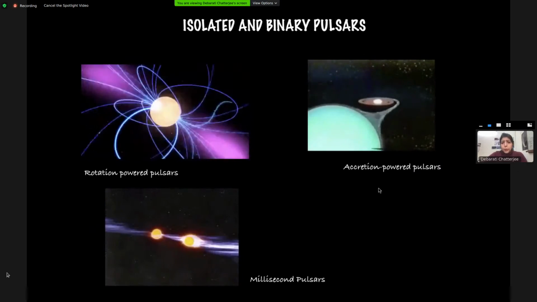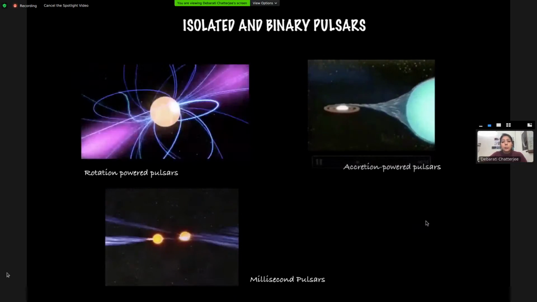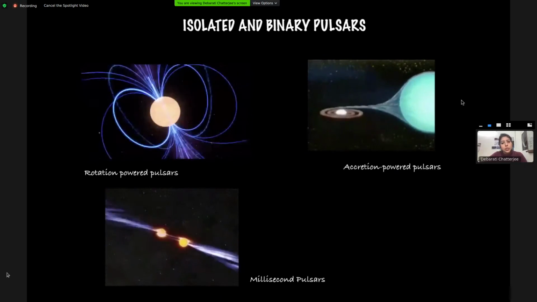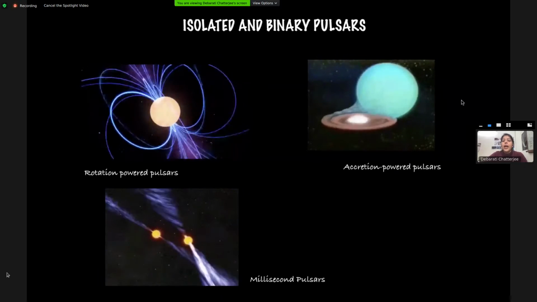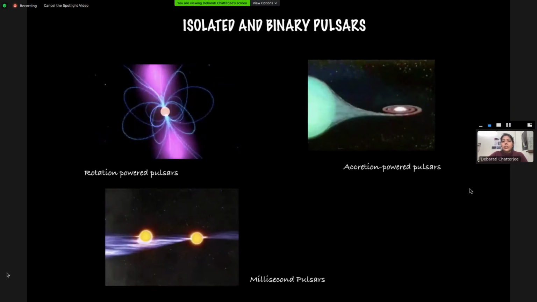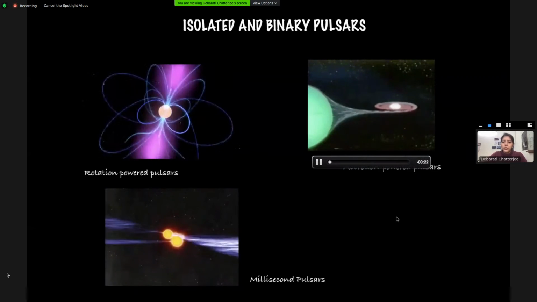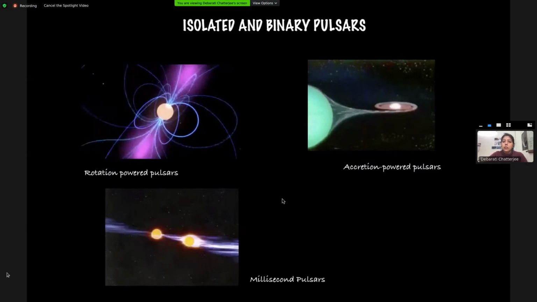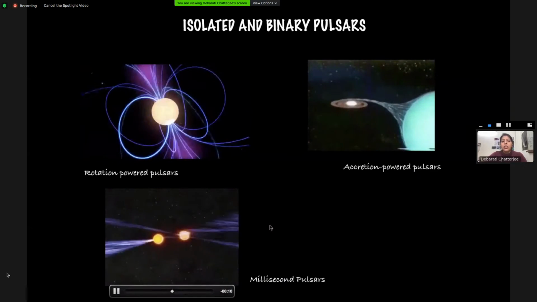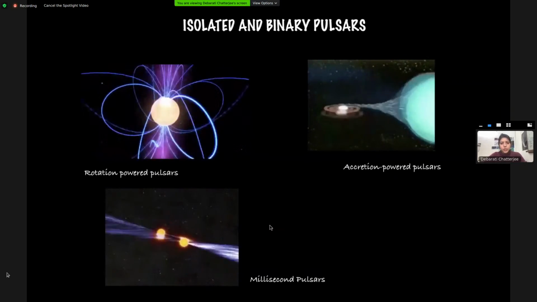There may also be pulsars in binary with a companion, where these pulsars, because of their strong gravity, start to suck up material from the companion, and these are accretion powered pulsars. After the accretion powered phase, the other companion can also go supernova, and there is a binary of pulsars.